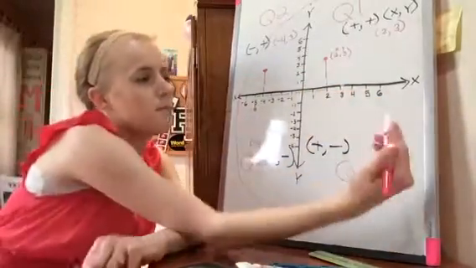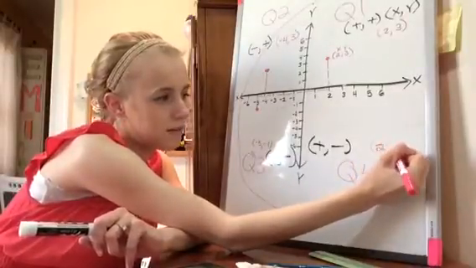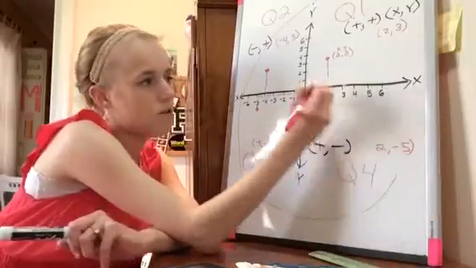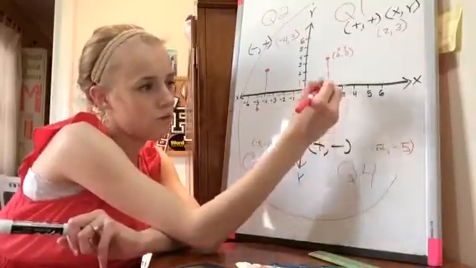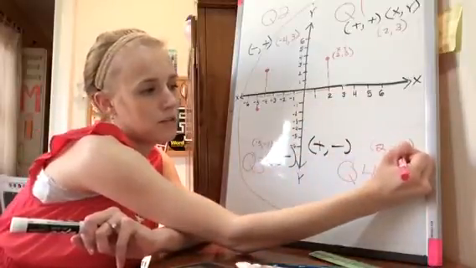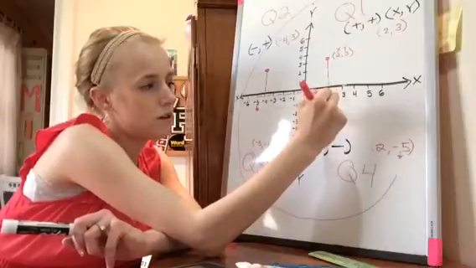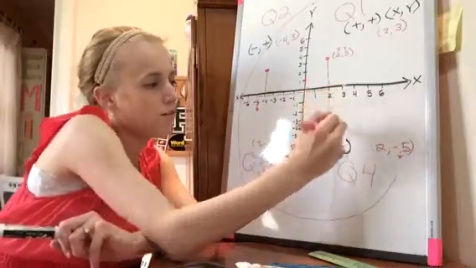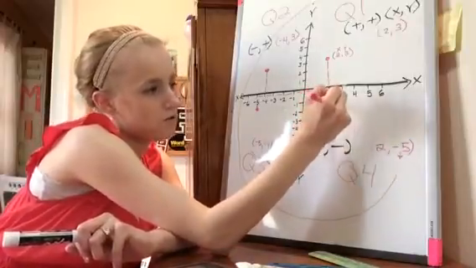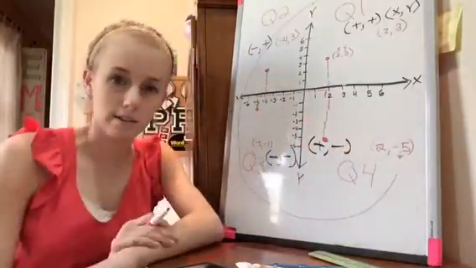So when I go to plot the point, let's say 2, negative 5, I have to go over 1, 2, but because this is negative, it's telling me to go down. So I'm going to go down 1, 2, 3, 4, 5. And it puts me right here.